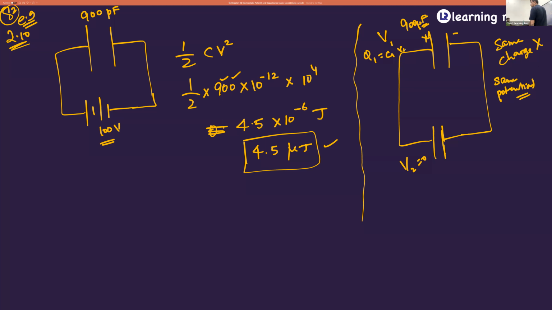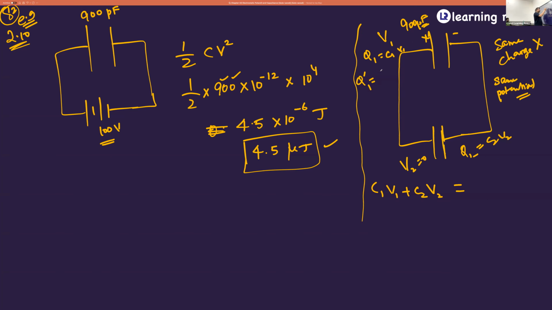I'm going to derive an expression. Observe. Here, can I say Q2 is equal to C2 into V2, which is 0? So the initial charge of the system is C1 V1 plus C2 V2. This should be equal to, when they attain the common potential, what will be the value of Q1 dash?